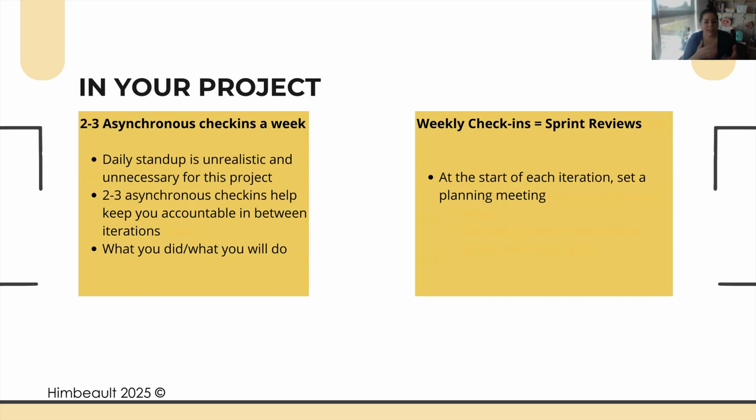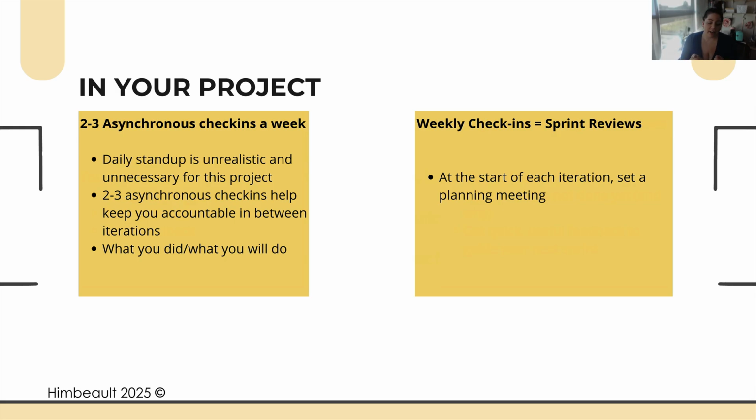So that's sort of in the real world, and I kind of alluded to this idea of what do you guys want to do for your projects in this course. At a minimum, my recommendation is 2 to 3 asynchronous check-ins a week. So this isn't you setting aside half an hour to meet with your group. This is within your Discord or your Slack or wherever you're doing your group text chain, wherever you guys are sort of meeting and chatting.